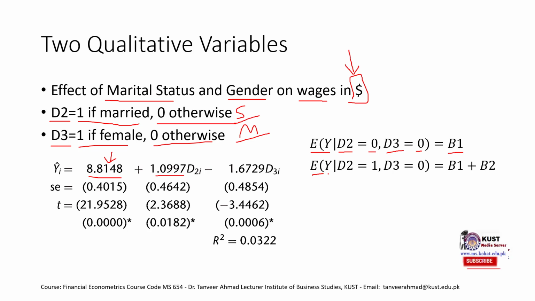What is the expected wage when a person is married? That means D2 has a value of 1, and it would have a value of 1 when the person is married. And D3 is 0, which means that the person is male. So in that case, his expected wage would be B1 plus B2. That would be 8.81 plus 1.09.